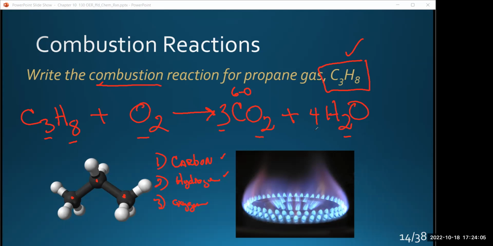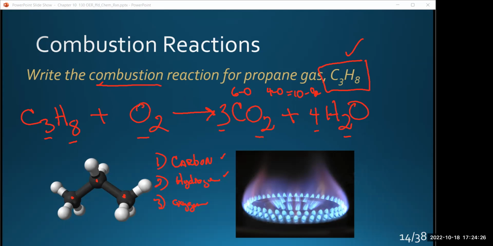Water, there are 4 molecules, each containing 1 oxygen, so 4 oxygens in the form of water. In total, we have 10 oxygens in both carbon dioxide and water.